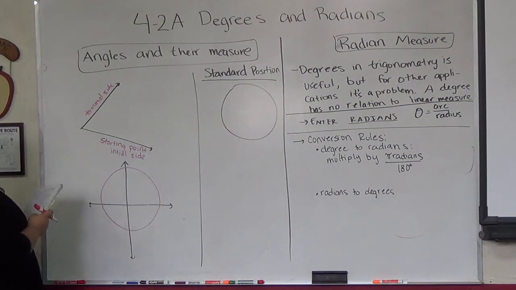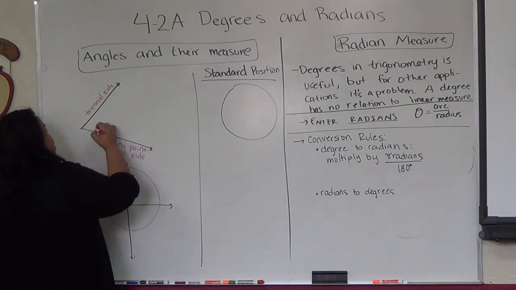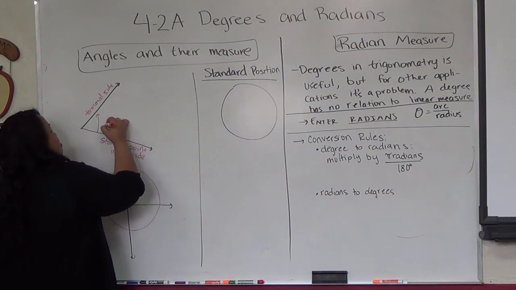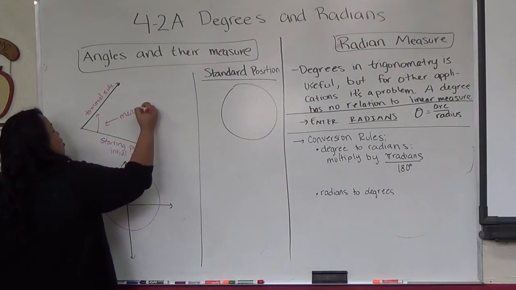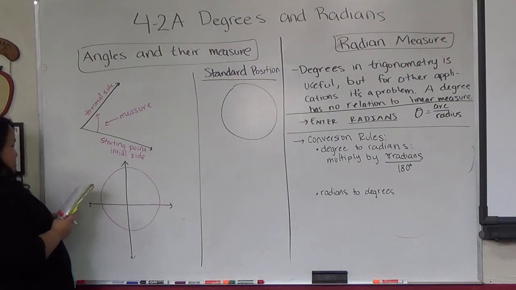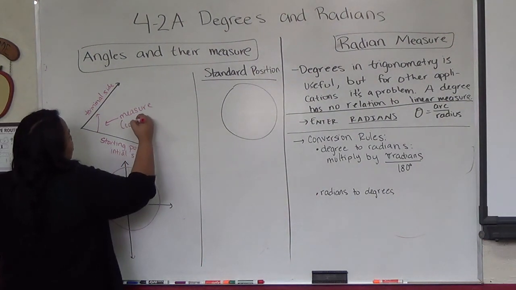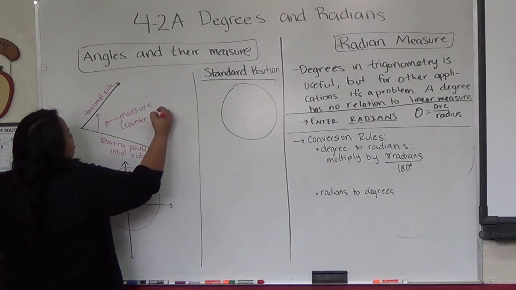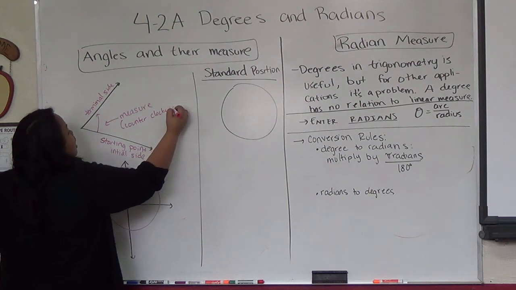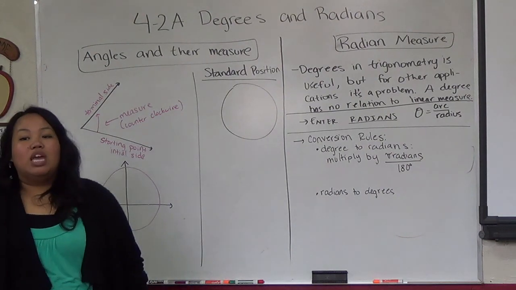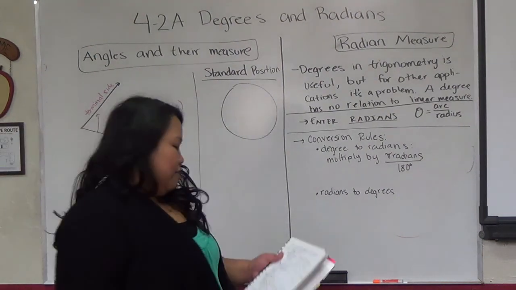Here it is. And then the movement from your starting to your terminal, this is the measure, basically your degrees. And it goes counterclockwise. Counterclockwise to be positive. So if I go clockwise, I'm assuming the angle is going negative.